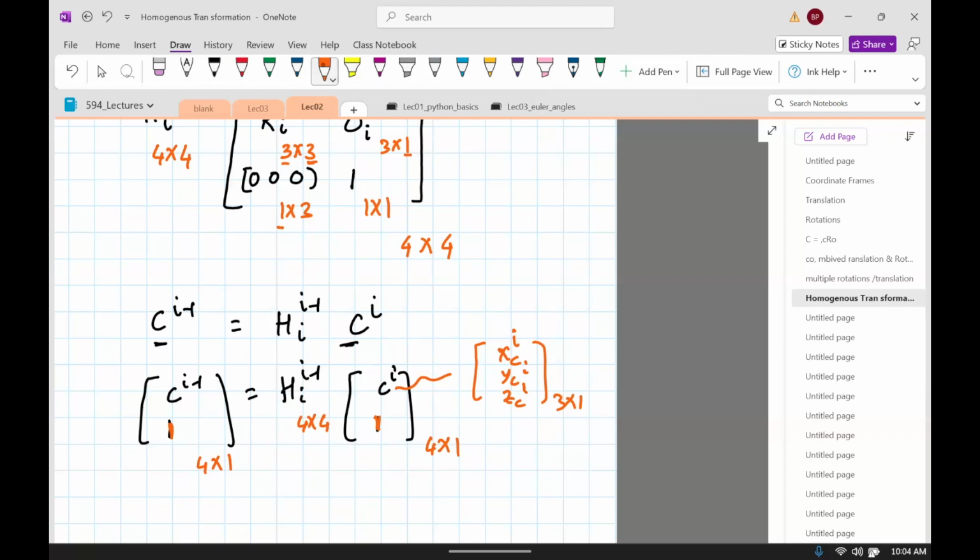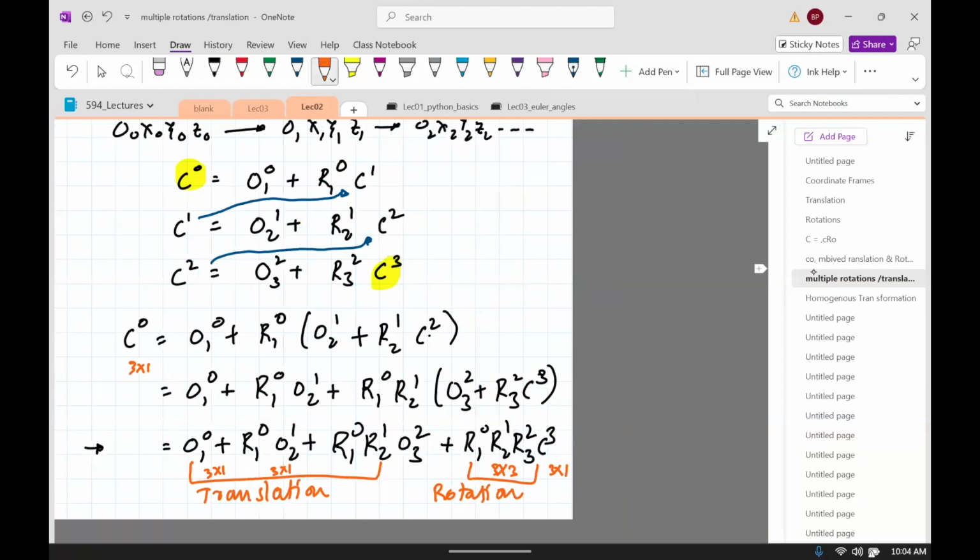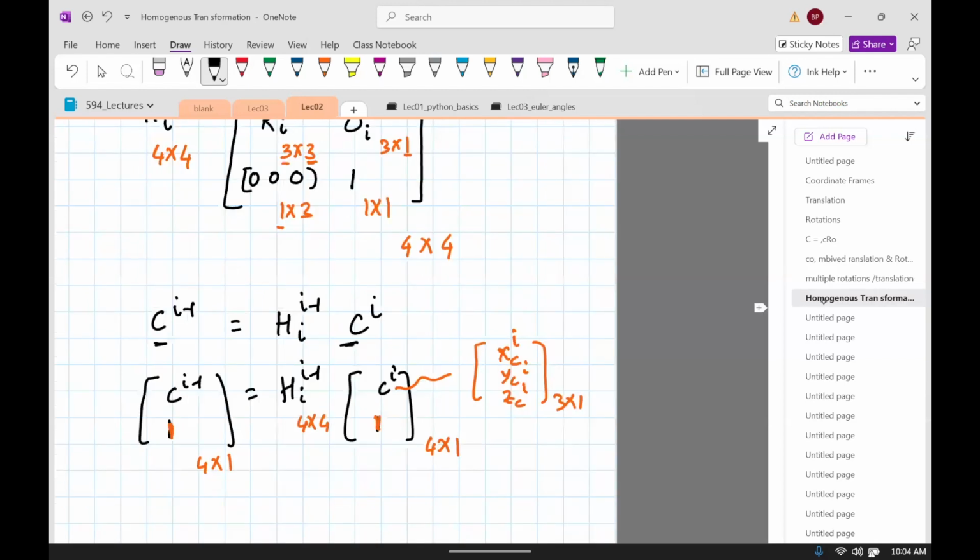Let me show you how this connects with this formula for C0. We don't question this formula because it came from our derivation of combined rotation and translation. Let's see how the homogeneous matrix helps us write the same formula in a very compact way.